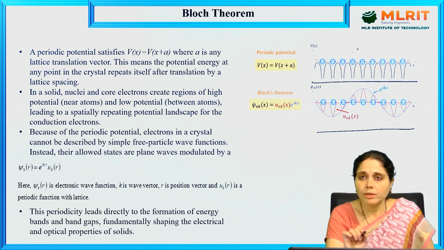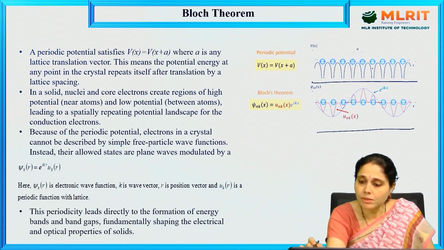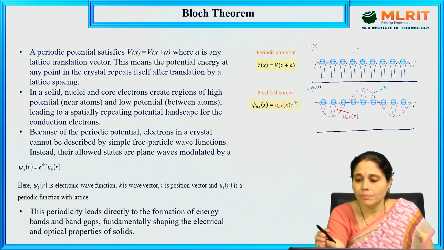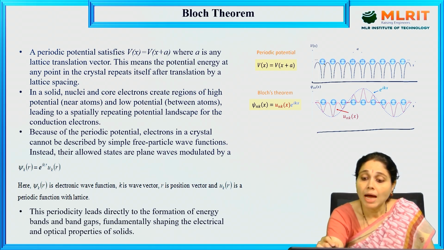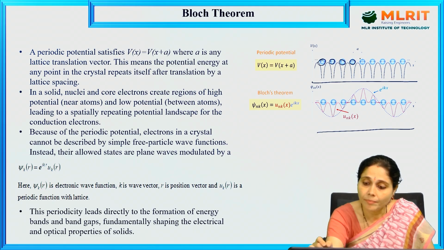When a number of electrons are in a crystal lattice, we know that the atoms exist at particular places, and these have a particular lattice vector.